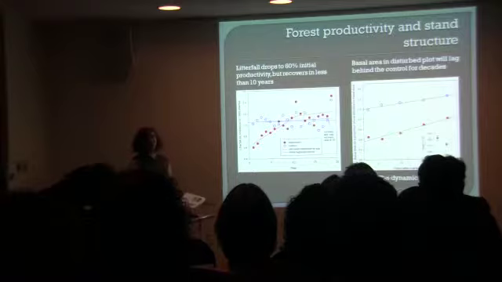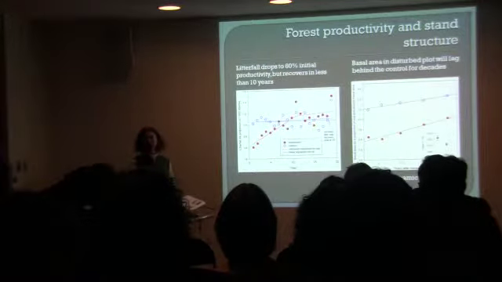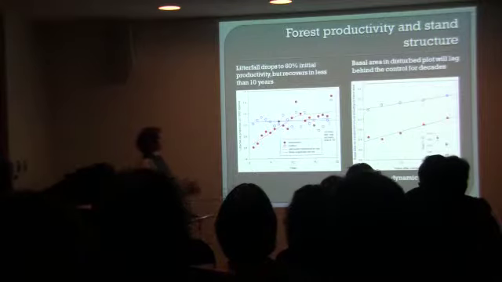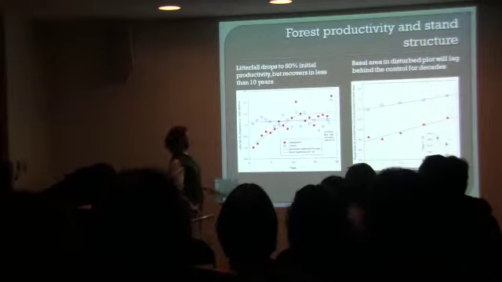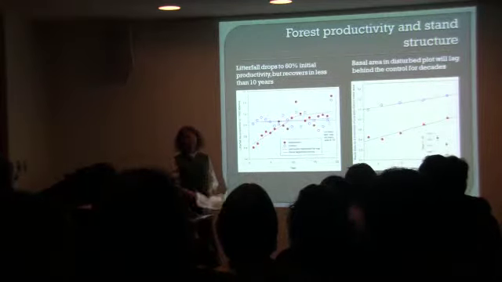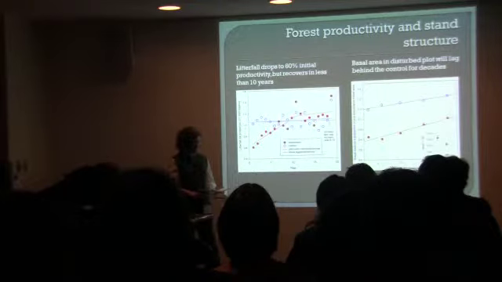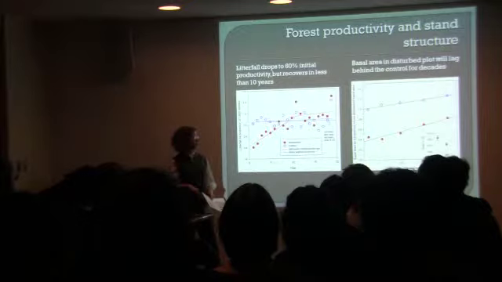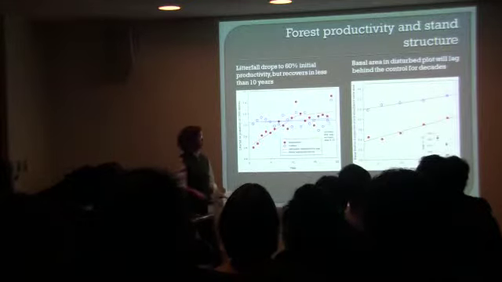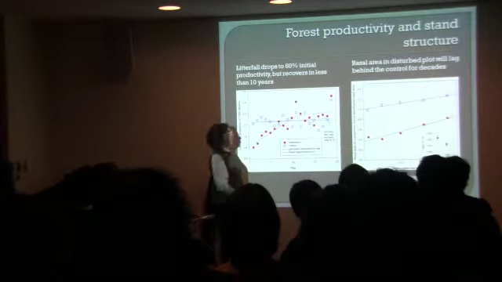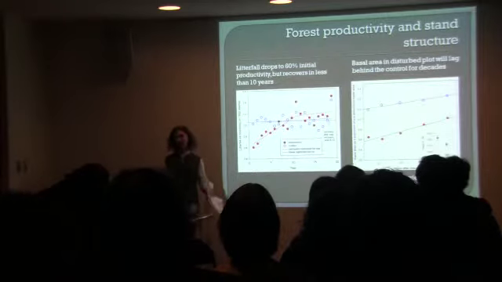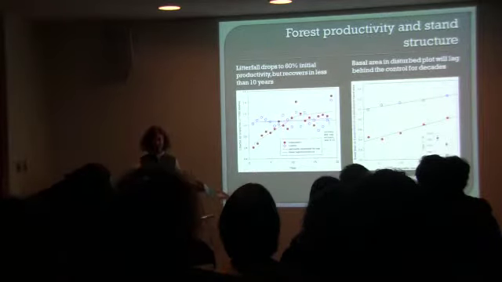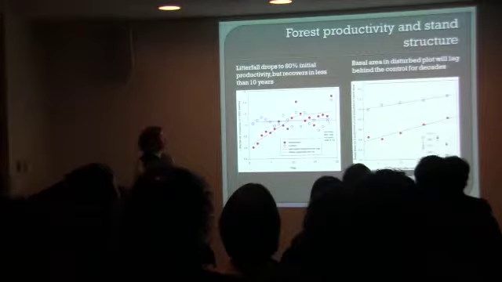Productivity in terms of litter fall fell to 60% of initial values in the experimental site, but that rebounded within 10 years and is now even a little bit higher than the control plot. In contrast, the forest structure was massively rearranged. We saw a bigger drop, down to about 40% of initial values in terms of basal area, which talks about the biomass of the trees. And that's recovered more slowly.